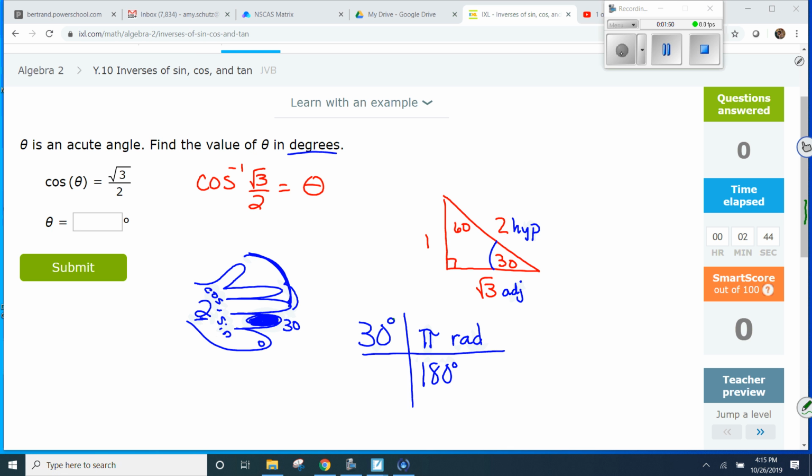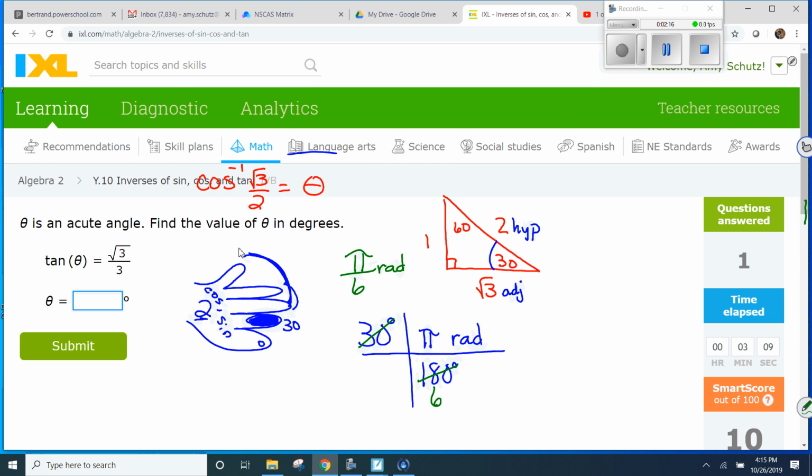So if you reduce, 30 goes into 180 6 times. So it's the same thing as pi over 6 radians, and 180 divided by 6 is 30. So if you had to put it in radian measure, that's what it would be. Otherwise, we can just go back over here, type it in as 30 degrees, and look at the next example.